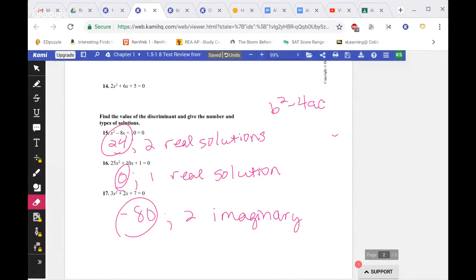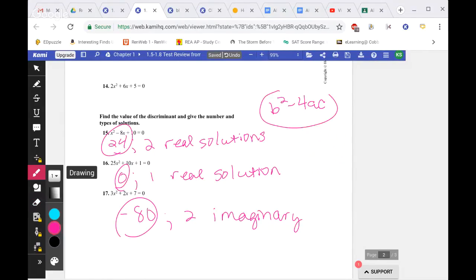You have to remember this part right here is typically under the radical. So if it's really and truly a real number, like if it's 100, then that's going to be 10.